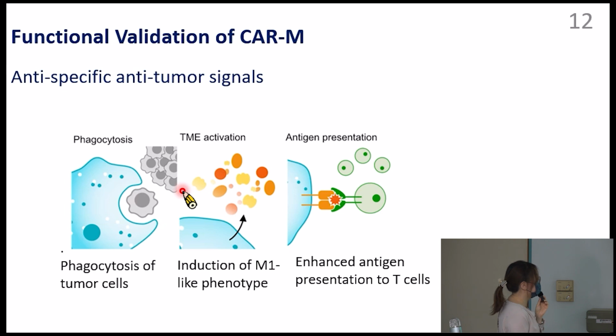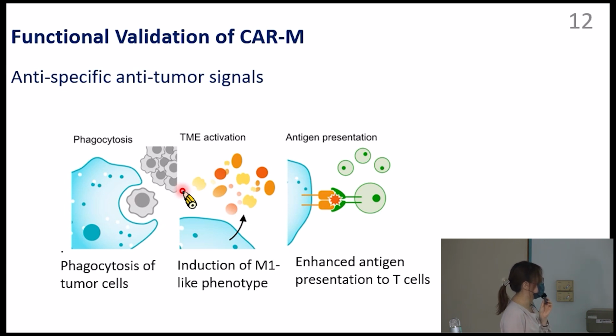Okay, so in this research, how did they validate the CAR-M function? In this paper, they did several experiments to validate their CAR macrophage, but the most important functional assays are these. First, this kind of macrophage needs to have strong phagocytosis ability.